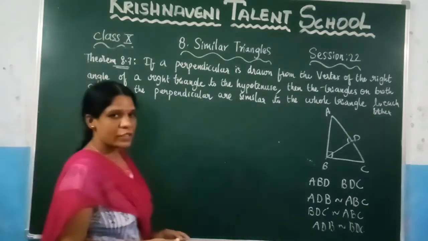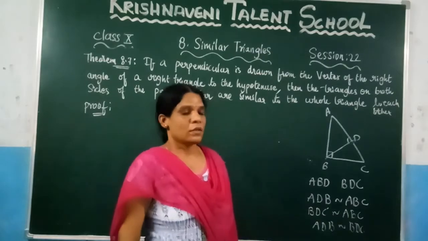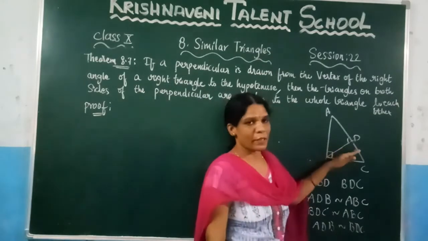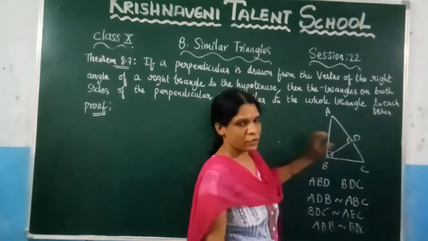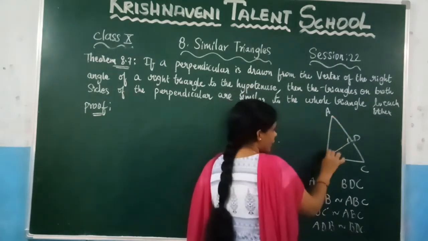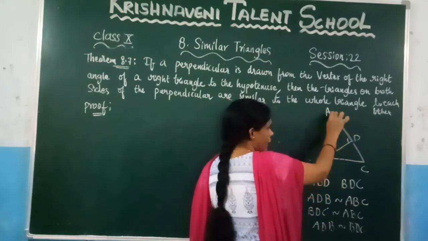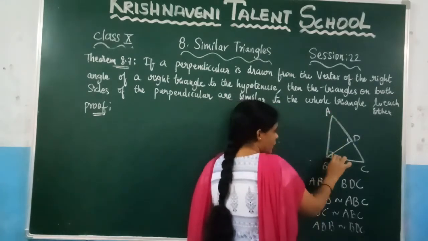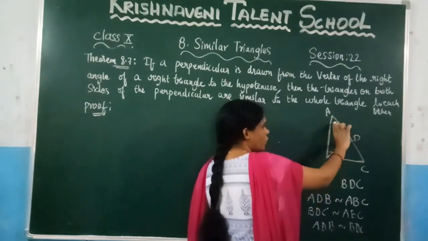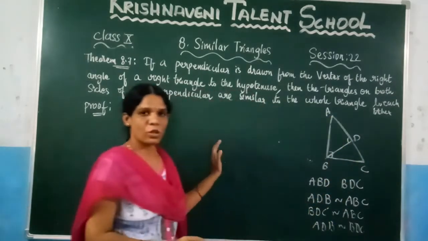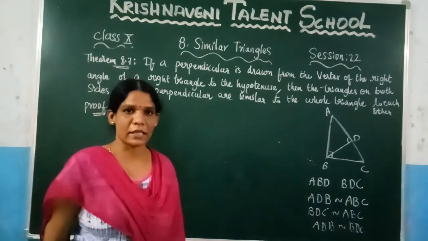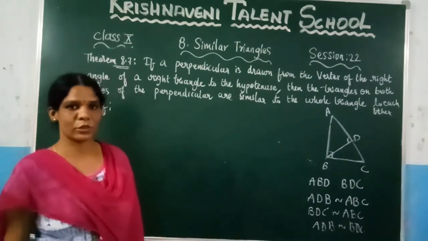So here, what we need to prove here, the perpendicular is drawn here on both sides of the triangle. You need to take this triangle, which is triangle ABD, and you need to take the bigger triangle, which is ABC. You need to prove here the smaller triangle and the bigger triangle are similar. So if you want to prove those two triangles are similar, let us consider those triangles.